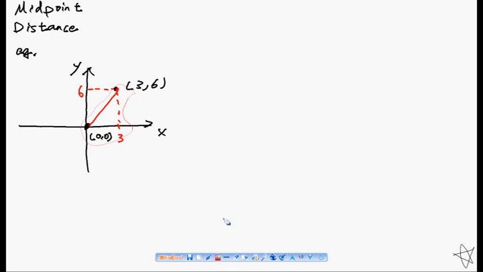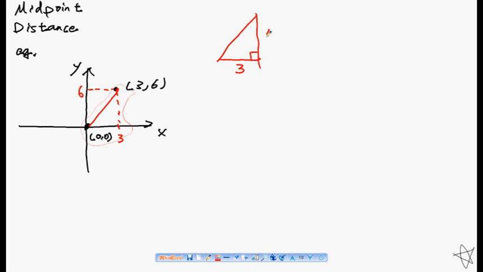We can see a triangle in this shape, and of course it's a right-angled triangle. The base is 3 and the height is 6.